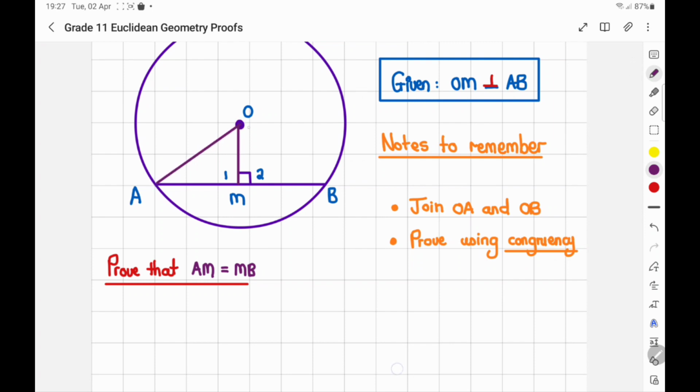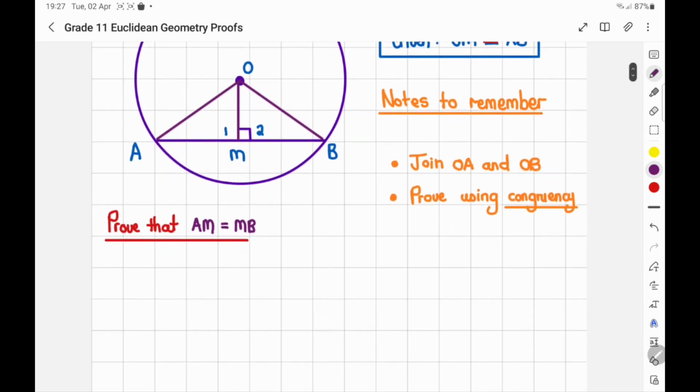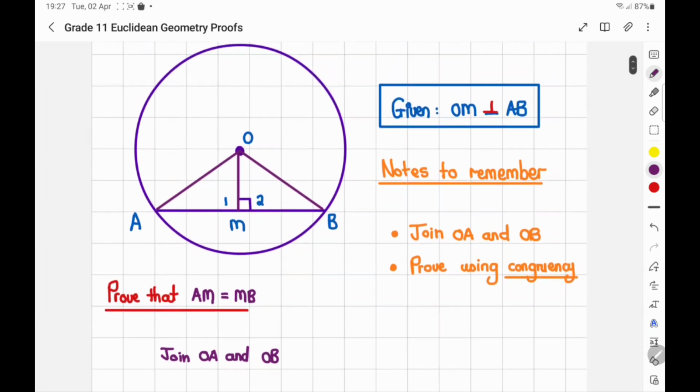That is your first mark that is allocated to your proof. So I'm going to say that I'm joining OA and OB. Because O is the center of the circle, I know that I've used two radii.